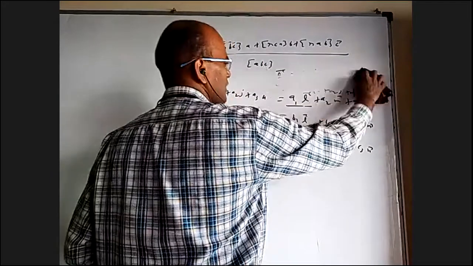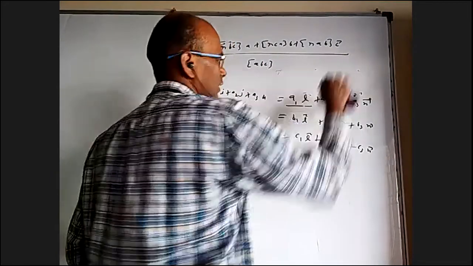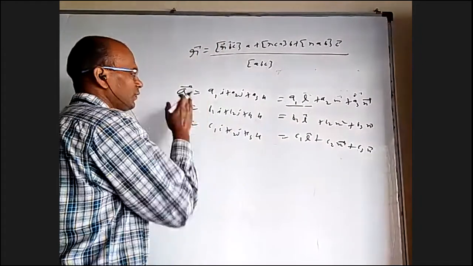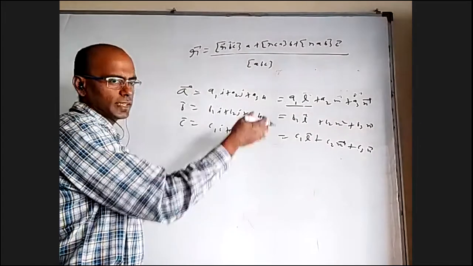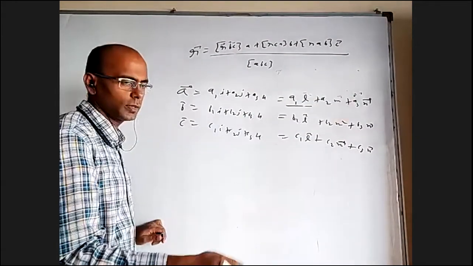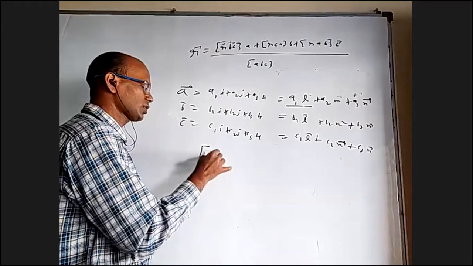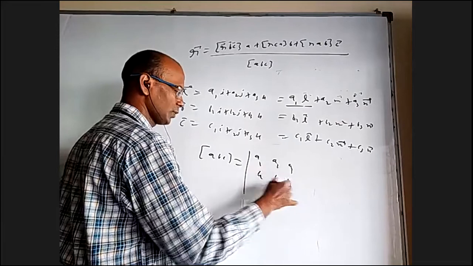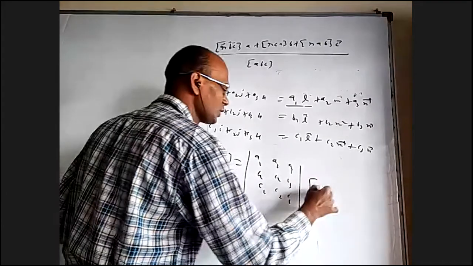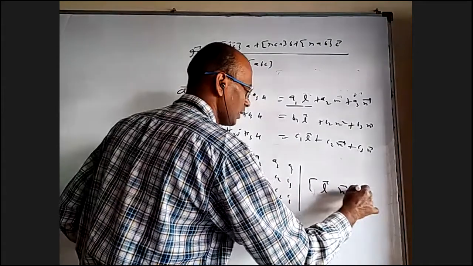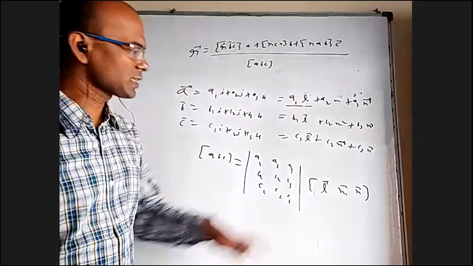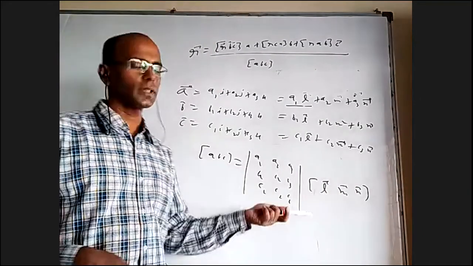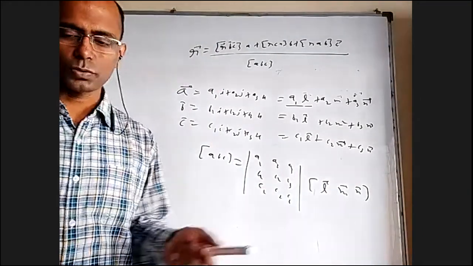If A bar, B bar, C bar are not in terms of IJK, but they're in terms of some other L bar, M bar, N bar, then box ABC is like your regular determinant only, A1, A2, A3, B1, B2, B3, C1, C2, C3, but into box L, M, N. In the case of IJK, this will be I, this will be J, this will be K, that will be 1. Otherwise it will be there. In fact, this includes the previous formula also.